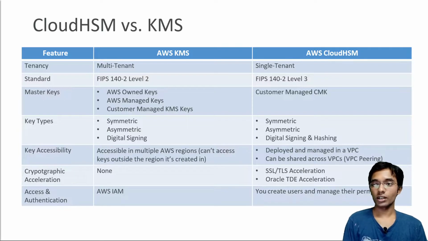You can see this comparison between AWS KMS and Cloud HSM to have a final view on the differences between them and get an understanding of these services. This is it for this lecture. I hope that was helpful, and I will see you in the next lecture.